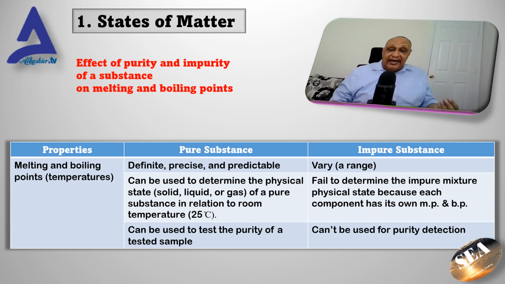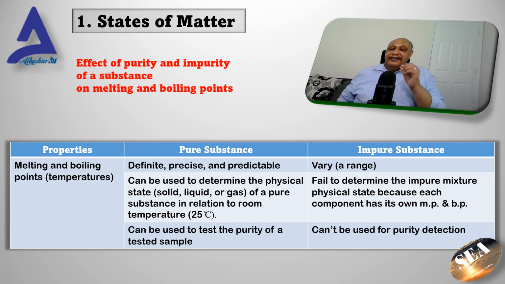I will try to raise the temperature. I bring my apparatus and put it down and try to reach the melting point and also the boiling point. I would like to determine this.